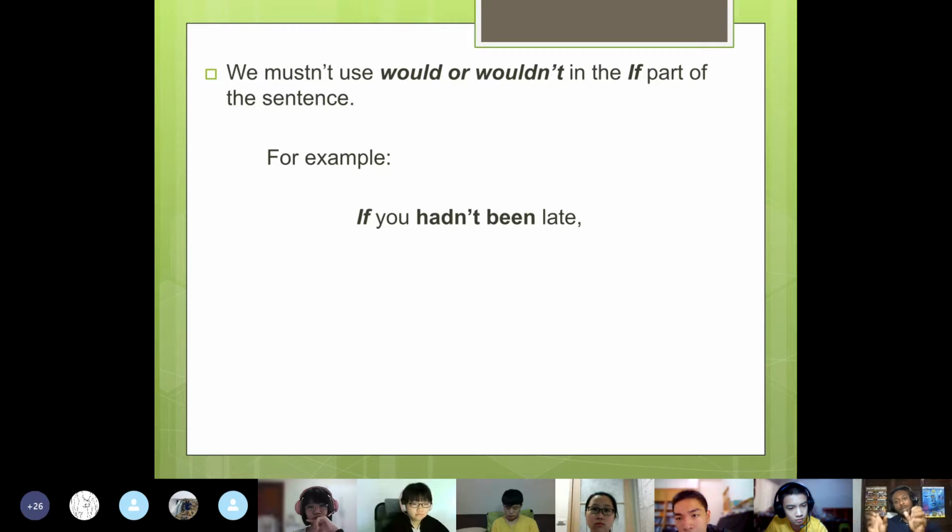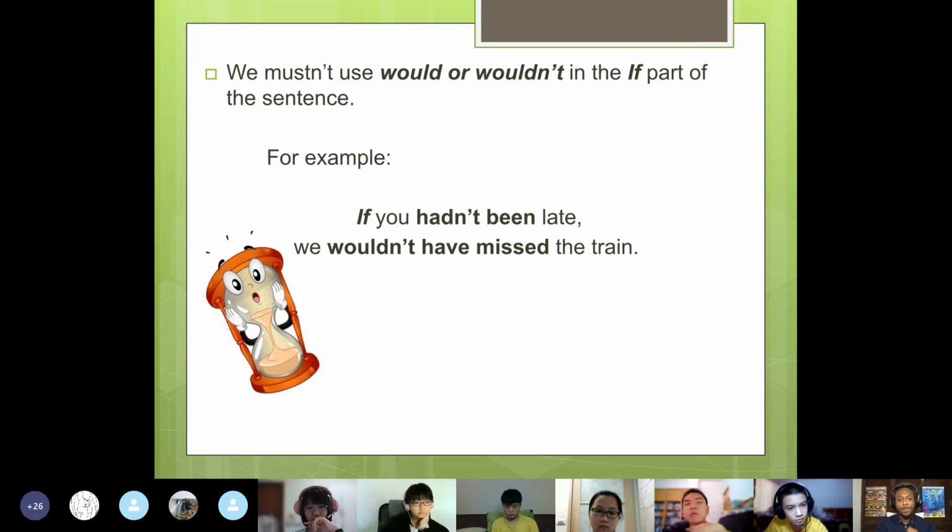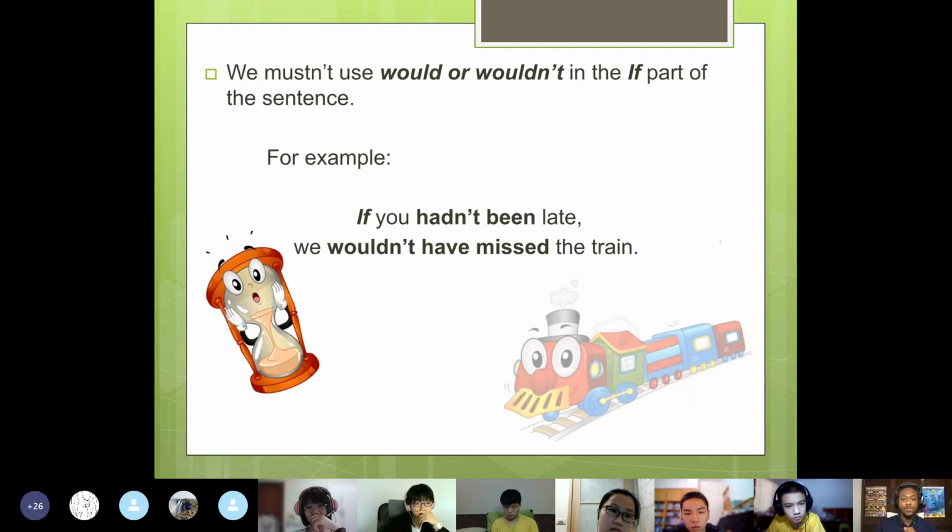So we never want to put the would in the if clause whenever we are building this tense. We wouldn't have missed the train. So if you hadn't been late, we wouldn't have missed the train.